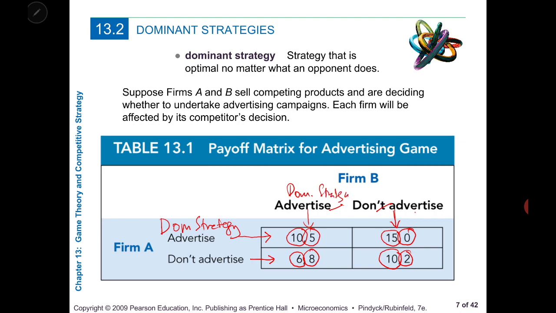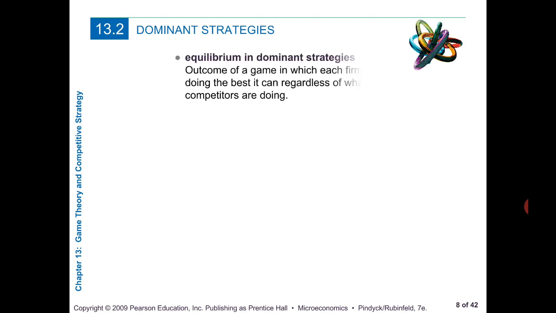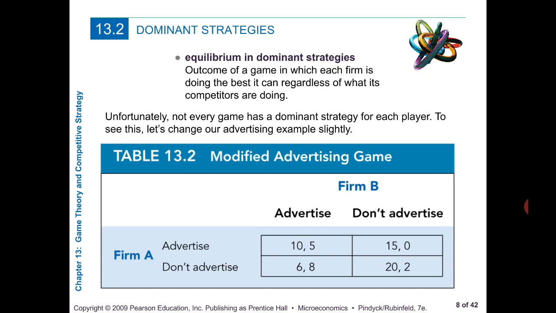So in this case, it's very clear that firm A and firm B will both advertise, and give us this outcome, which is advertise and advertise, 10 and 5. And we call that equilibrium in dominant strategies, because both firms have clear dominant strategies.